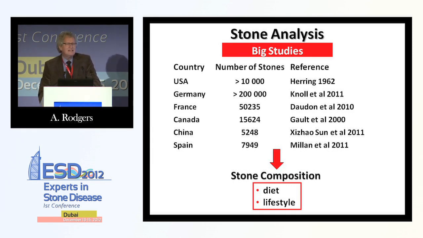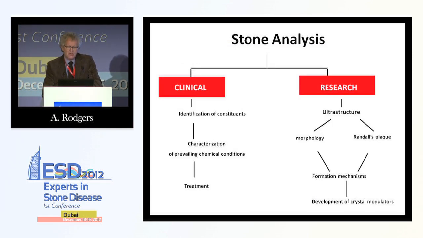What these studies have looked at is to try to correlate the stone composition with aspects of diet, lifestyle, and urine chemistry, which we're getting to in a moment. So it's worthwhile for us just to take a look at stone analysis.